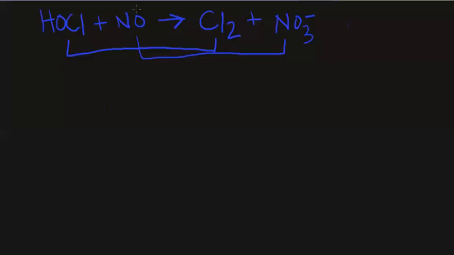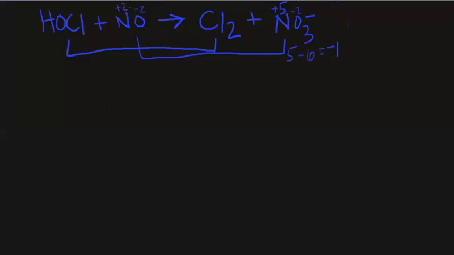So if we look at this, oxygen here is -2, so that means nitrogen is +2. Over here, oxygen is -2. There's 3 of them, so that's -6 total, but the whole thing is equal to -1. You've got 1 nitrogen, so the nitrogen must be +5 in order for that to equal -1.